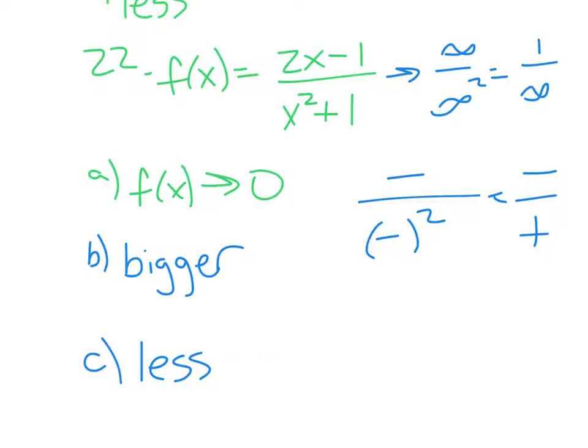What do you got? Okay, so for a decimal, like 0.5, what happens? Like in the actual equation, you're saying if it was 0.5x minus 1 over x squared plus 1?